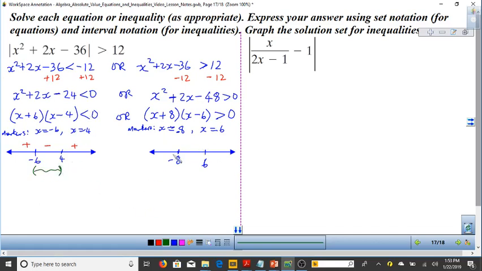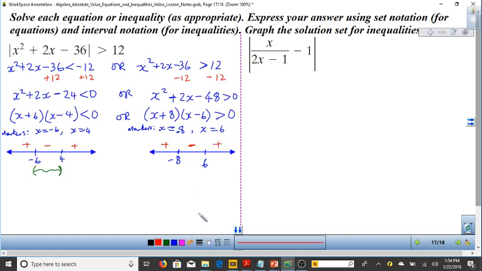And then over here, same deal. Try a number to the left of negative 8, say negative 10. Negative 10 squared is 100 minus 20 is 80. 80 minus 48 is definitely going to be a positive number. And then we need a number between. We try 0. That gives us a negative. And a number to the right of 6, 10 again. 100 plus 20 is 120 minus 48, positive.